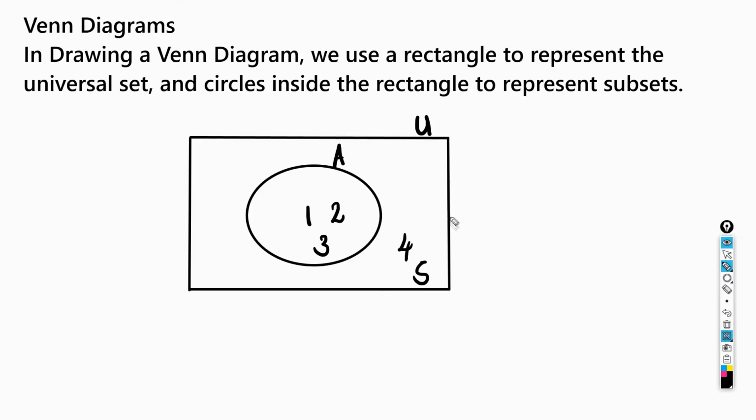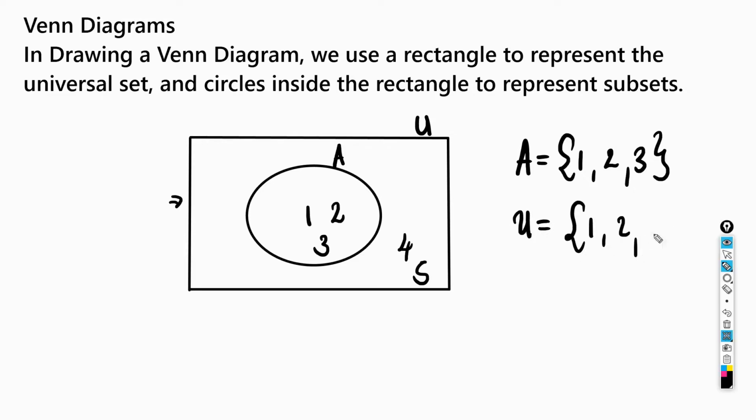So in this case, we see here we have a Venn diagram, and this entire rectangle here is the universal set, and we have a set A in that universal set, which is equal to 1, 2, and 3. Also, we can see here that the universal set is equal to 1, 2, 3, 4, and 5, okay? Because 4 and 5 are outside of A, but they're still in the universal set, okay?